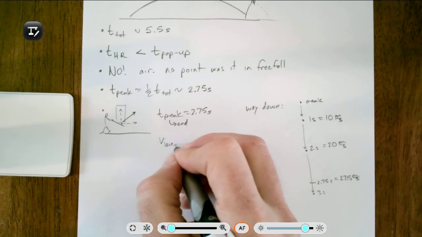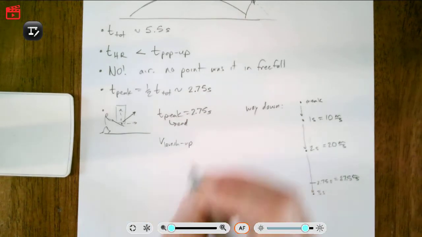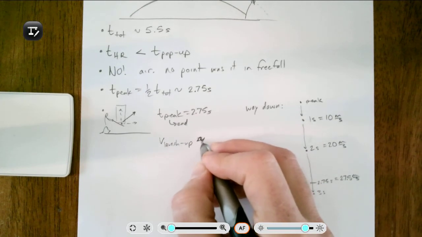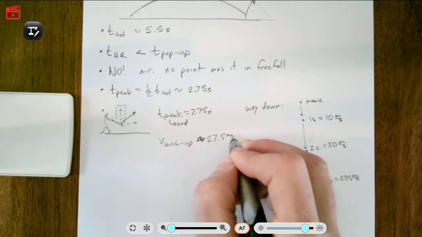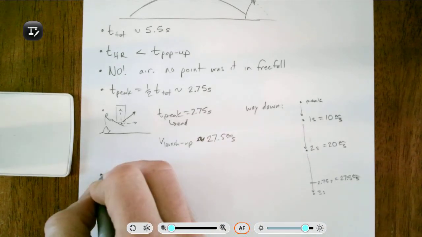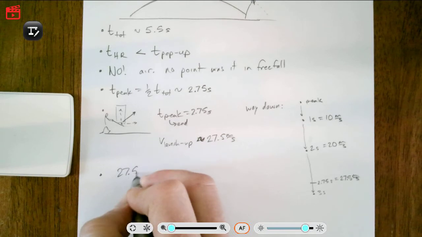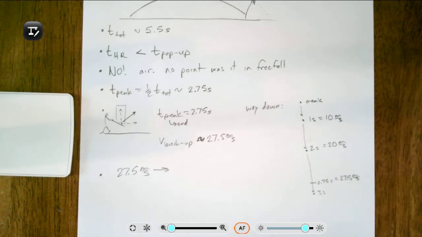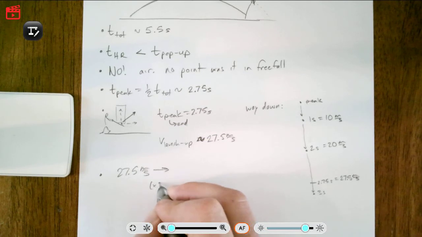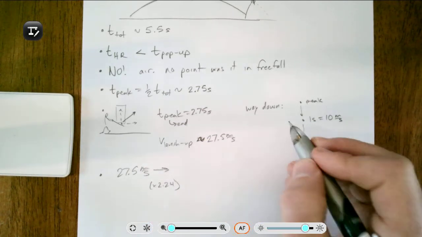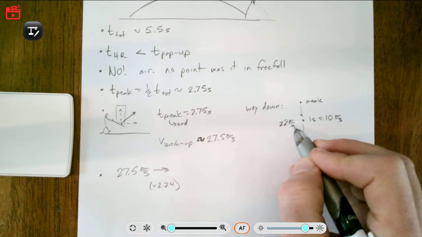All right, so that speed of launch upward is about 27.5 meters per second. And then, of course, you convert that to miles per hour. You can do that multiplication like we did yesterday, times 2.24, or you could even do the 22s. So over here, it's at 22 miles per hour.